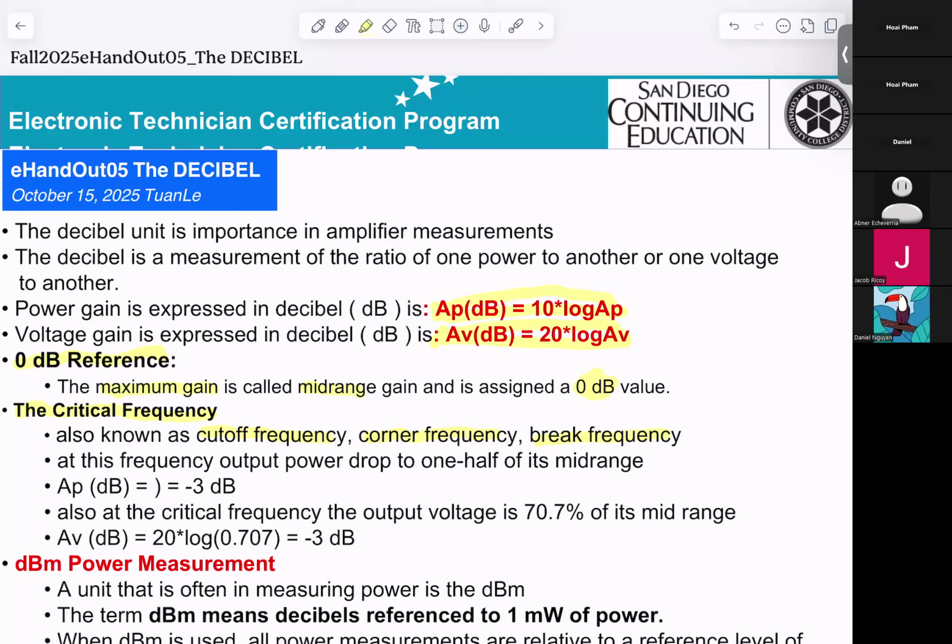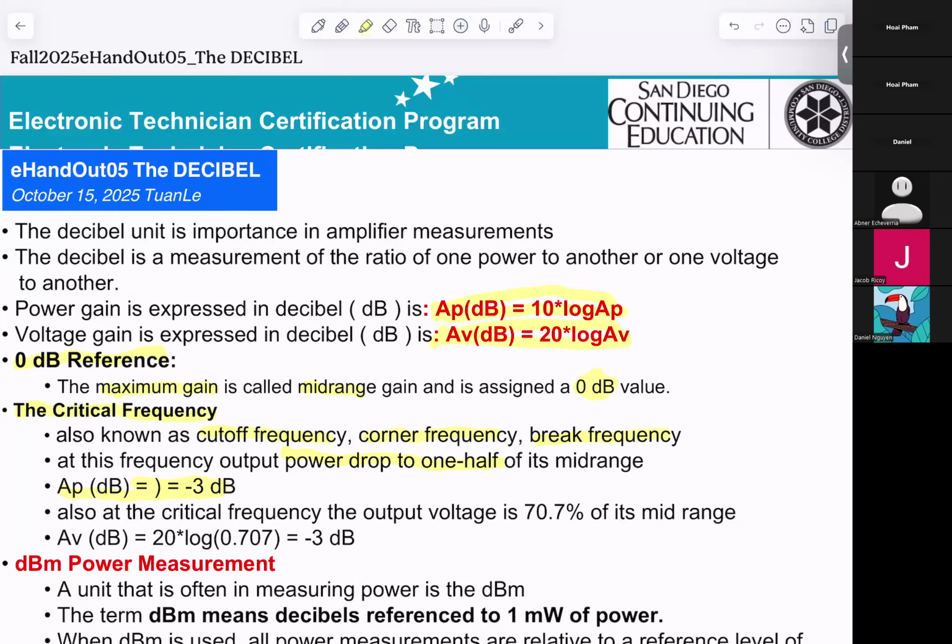That is called the critical frequency. So what happens? At that frequency, the power drops to one half of its mid-range value. That means at the critical frequency, power gain AP will drop 3 dB, minus 3 dB.